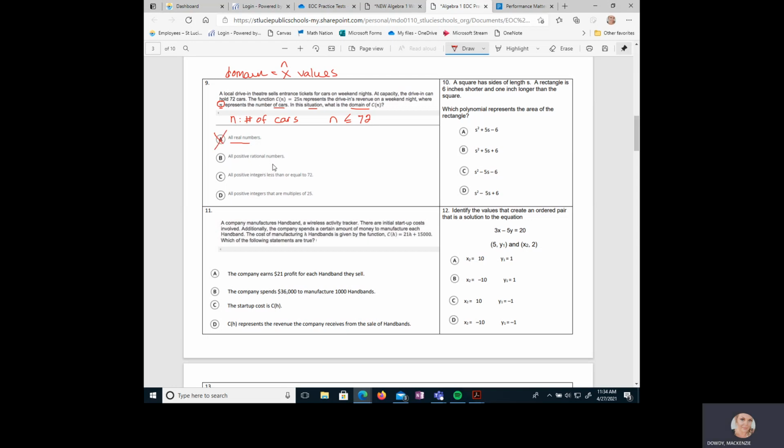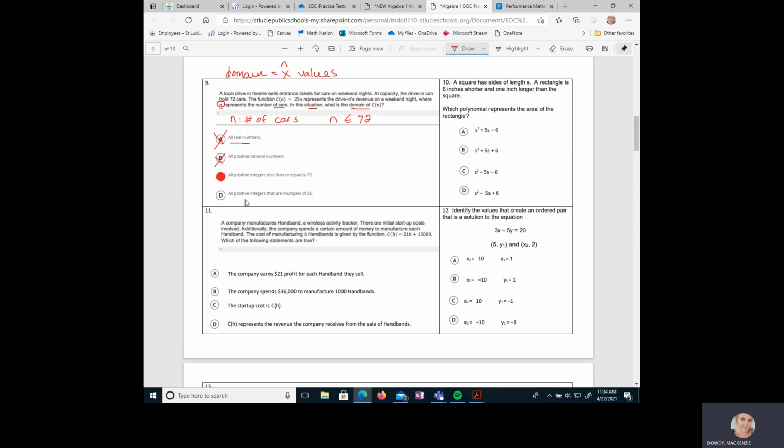All positive rational numbers. Again, a million is a rational positive number. Can the drive-in hold a million cars? No, it cannot. All positive integers less than or equal to 72. Well, look, we put up here, if n was less than or equal to 72, then that works. So that is our domain.